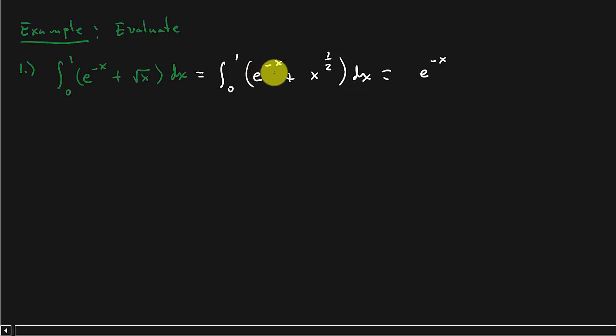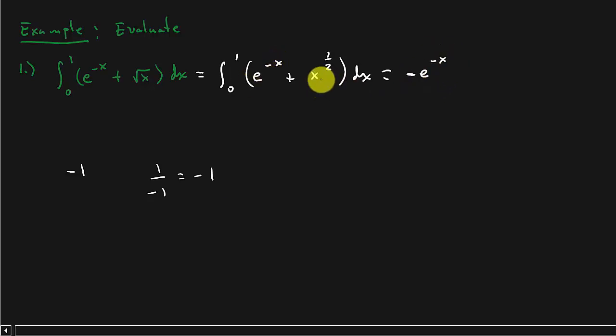Whenever you integrate e to a power, it's e to that power times the reciprocal of the number in front of x. So the number in front of x is -1, and if you flip that, that would be 1 over -1, which is just -1. And so we've got a -1 in front. That's the antiderivative of e to the negative x.